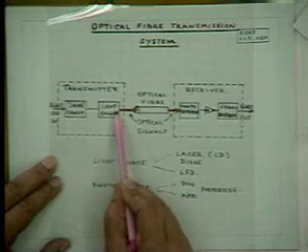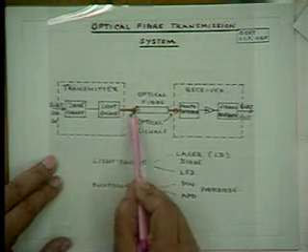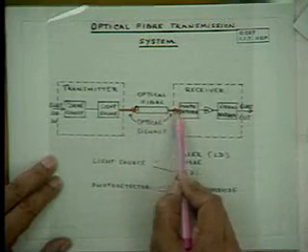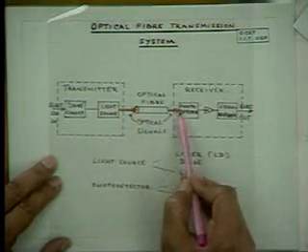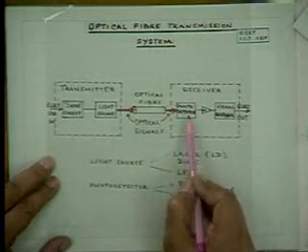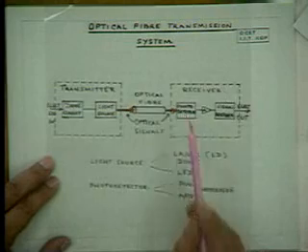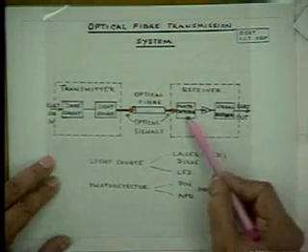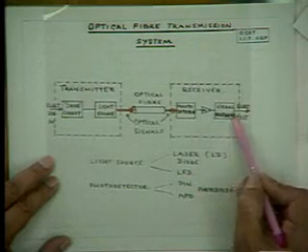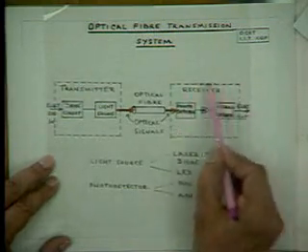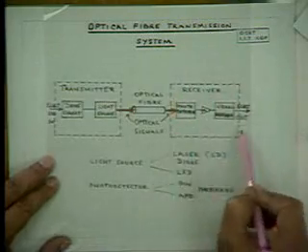We'll discuss the advantages and disadvantages of them later on. This light is modulated with the information to be sent, passes through the optical fiber, travels tens or hundreds of kilometers, and it goes to the photodetector, which is again a semiconductor device. The photodetector could be a PIN diode or an APD, followed by an amplifier and signal restorer, and then we get the electrical signal out, and this constitutes a receiver.